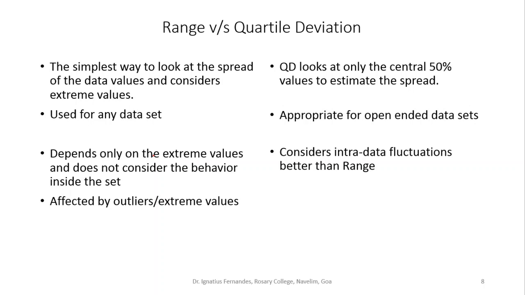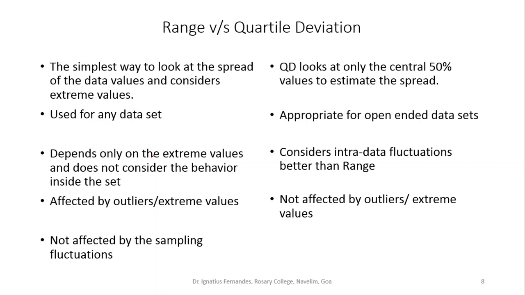If there are outliers, then range is certainly going to be affected by it, because by definition range depends on the extreme values, whereas quartile deviation is not affected by outliers or extreme values, because quartile deviation looks at only Q1 and Q3.